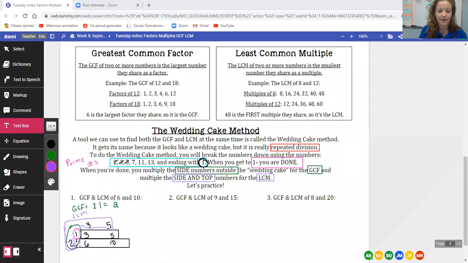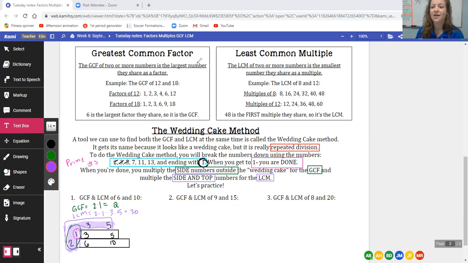It's an upside down L. So we would multiply 2 times 1 times 3 times 5. And remember, you can use your calculator. So when we multiply all of those together, what would we get? Answer would be 30.